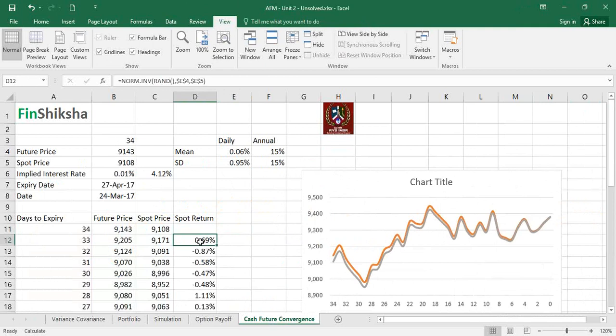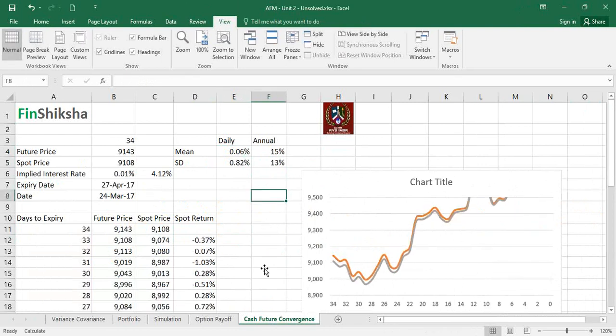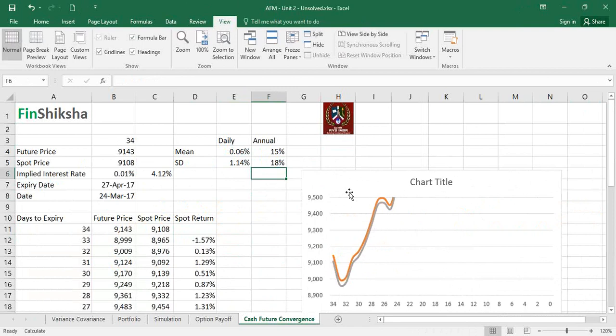We've used concepts of normal inverse function. We found the daily and average daily standard deviation and daily mean return for the Nifty index. If we reduce this, then obviously things change a little bit and the curve changes a little bit. If we increase this, then probably the curve changes a little bit as well.